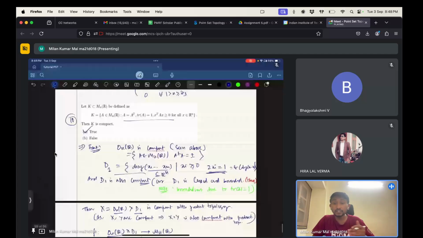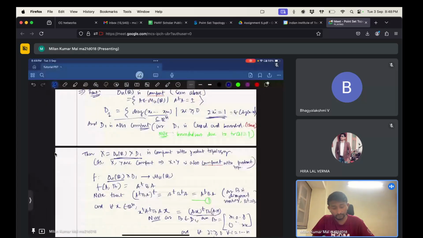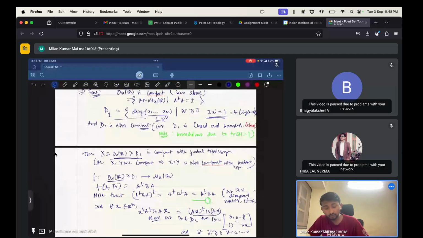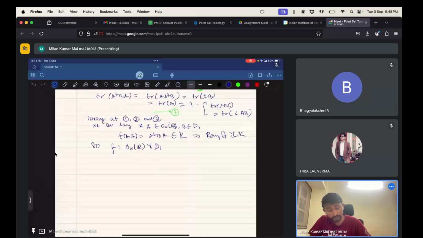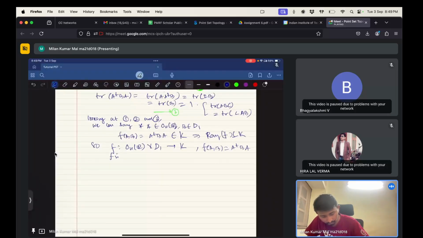And we have seen that the range of f is contained in K. So f is a map from O_n(R) cross D1 to K. F of A comma B is equal to A transpose BA, and F is continuous. Now we will show F is surjective.